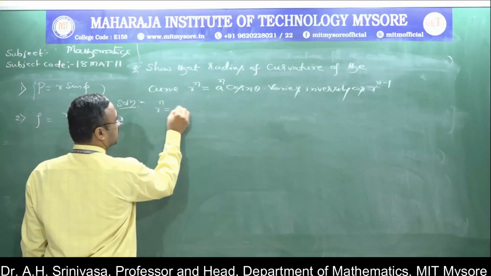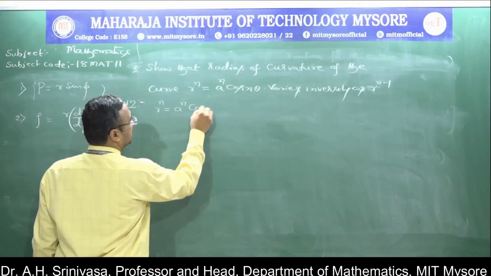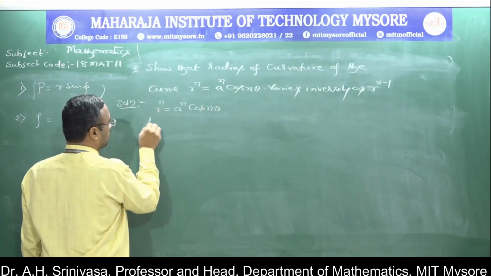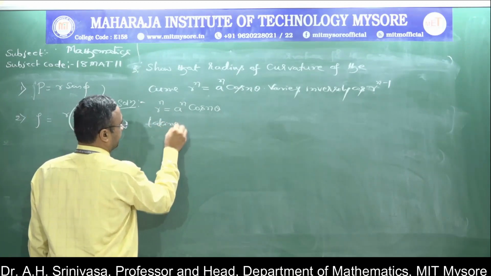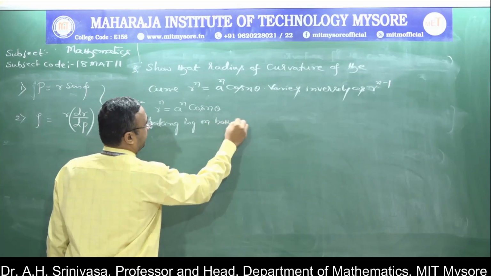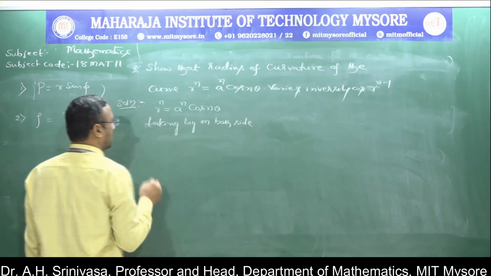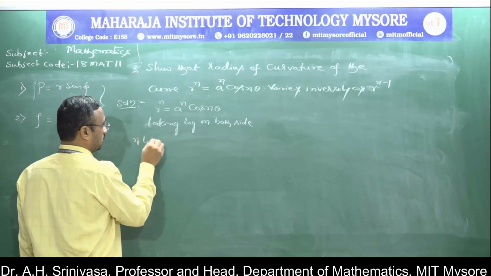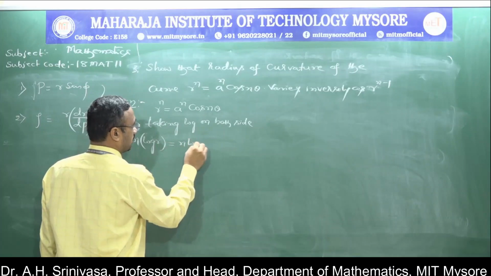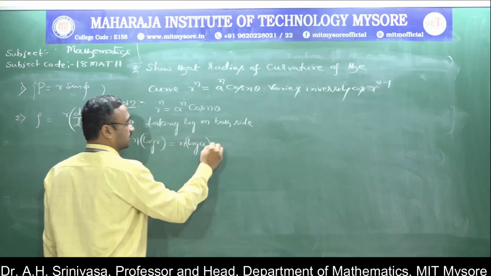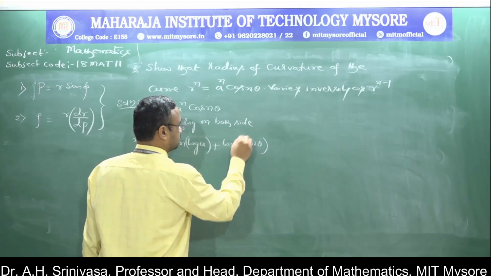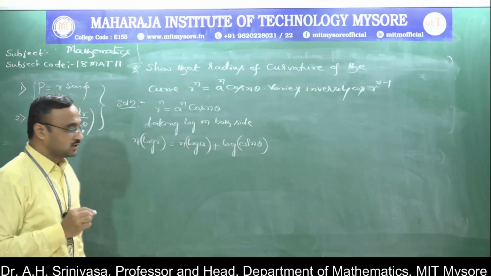r^n = a^n cos nθ. Now taking log on both sides, this becomes n log r = n log a + log cos nθ.